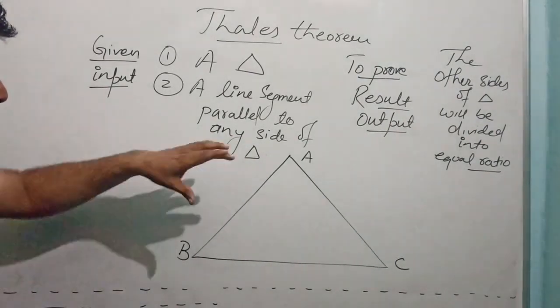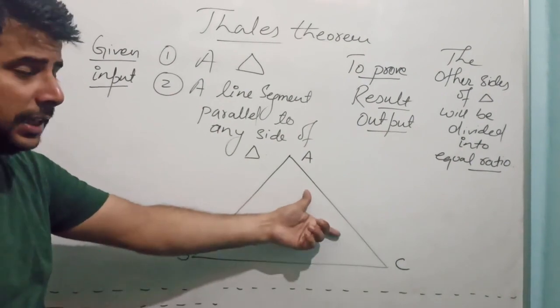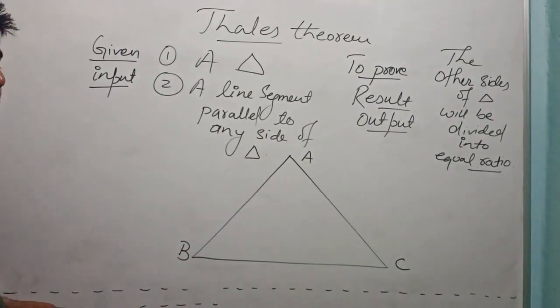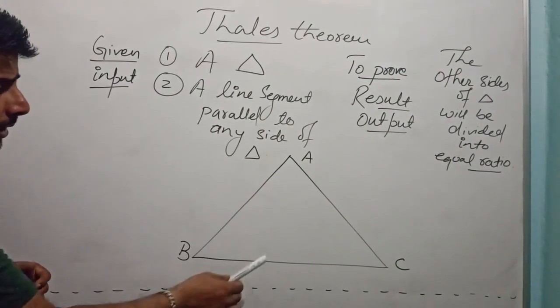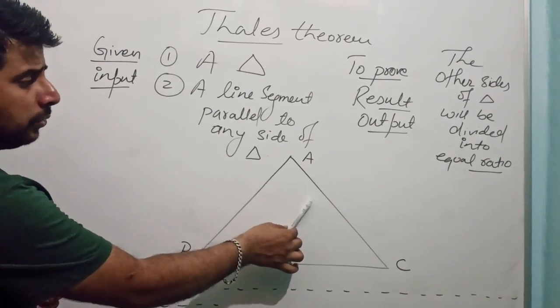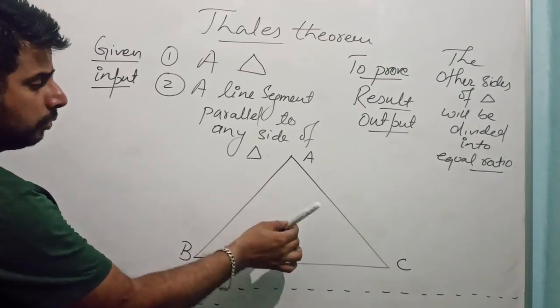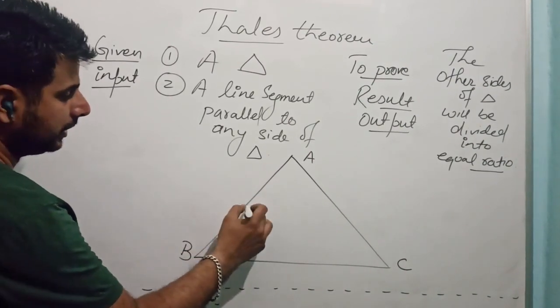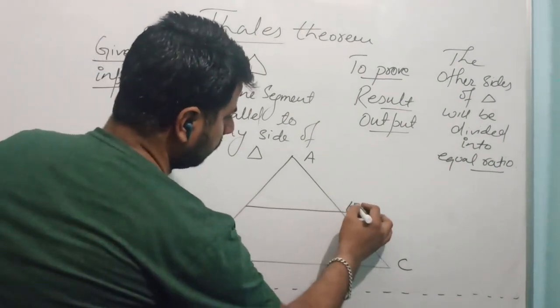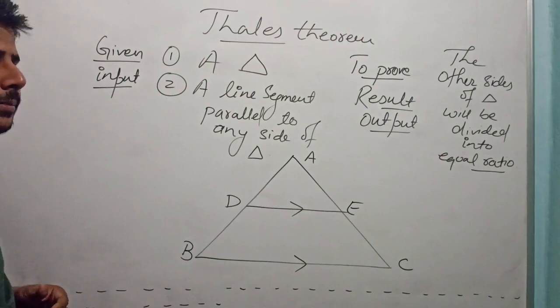Any side means AB or BC or AC. If we draw a line parallel to AB, the line should look like this. If we draw parallel to AC, the line will look like this. Or if we draw parallel to BC, the line will look like this. So we have drawn a line which is parallel to BC.